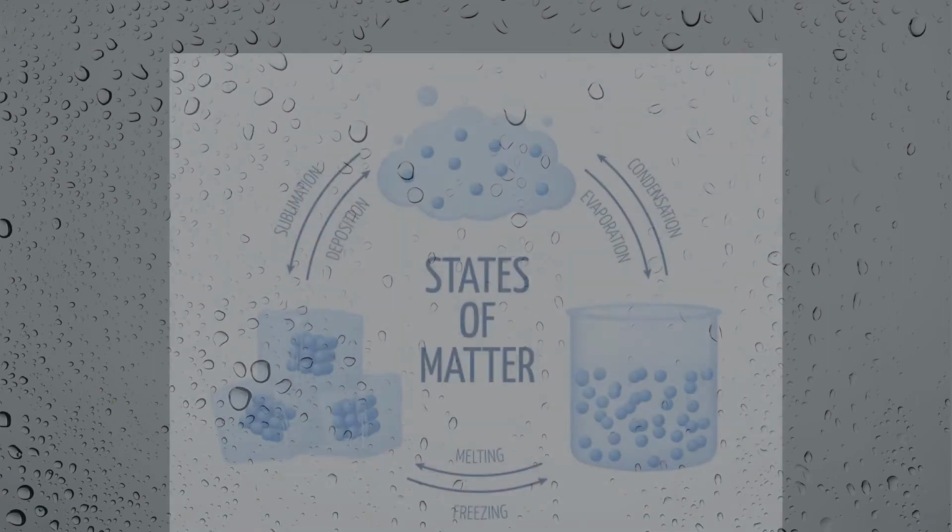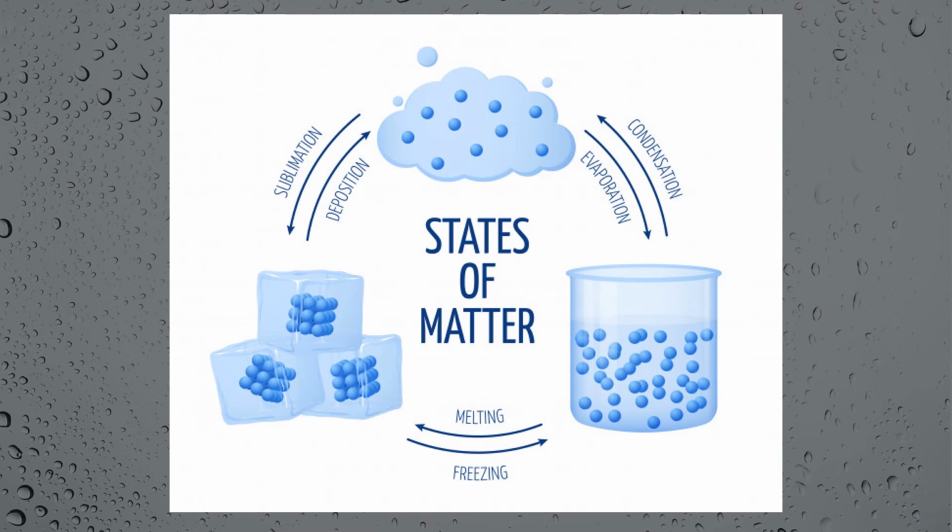Okay, now listen carefully. When water melts, we call that process melting. When it freezes, we call it freezing. When water is heated, it evaporates, and that process is evaporation.